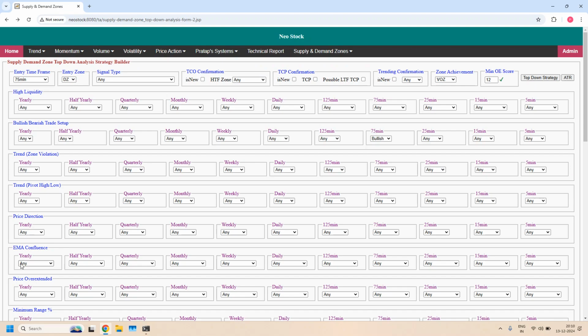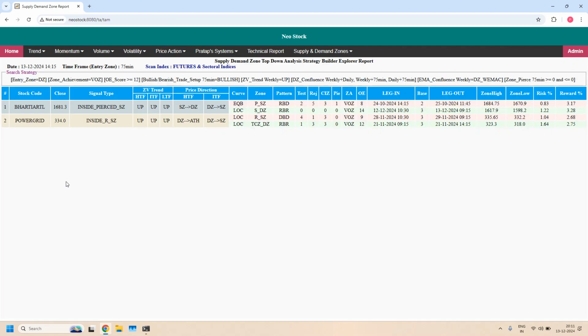In the weekly time frame, in the EMA confluence, weekly demand zone having weekly EMA confluence and also trend on weekly time frame should be uptrend but not sideways because it is a bullish trade setup. We got 2 stocks. So these 2 are even more high probability trade setup supported demand zones.